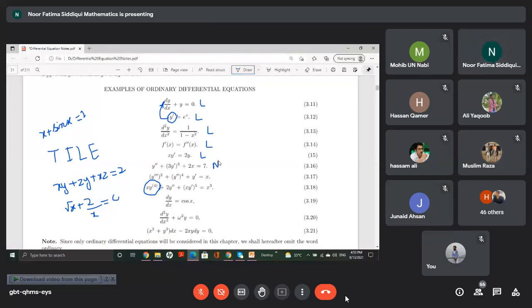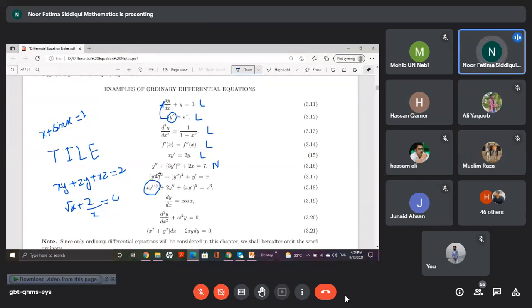Right. Now similarly, if we check 3.17, the highest order derivative is 3, so it is a third order ODE. What is the degree in 3.17? Degree is 2, right?